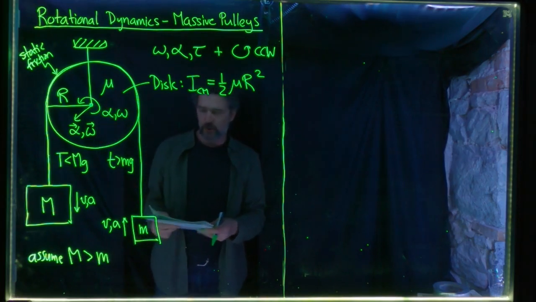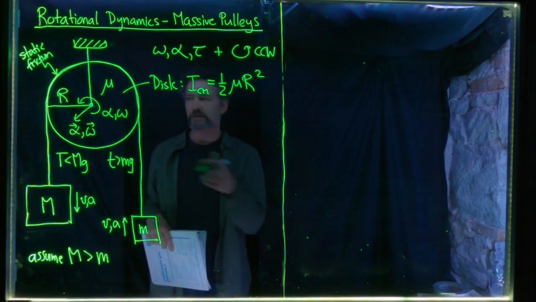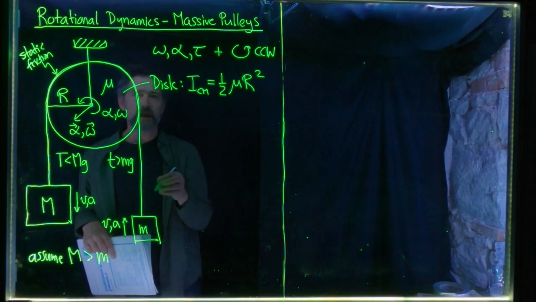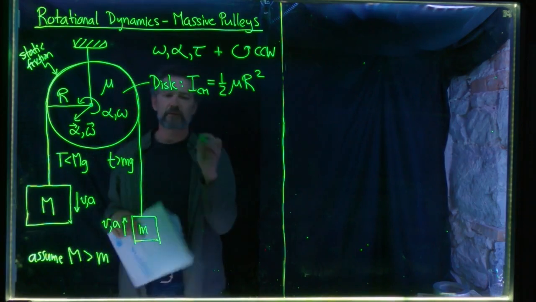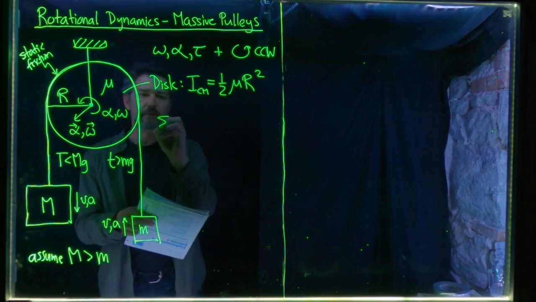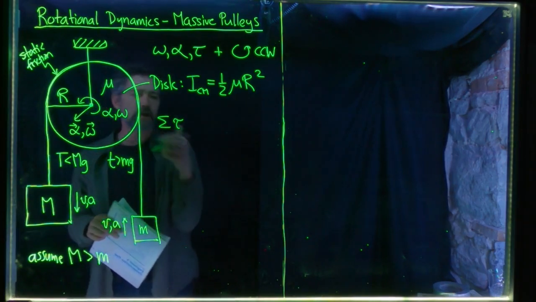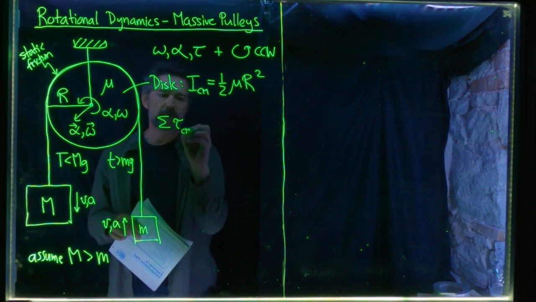Okay, so just as net force is mass times acceleration, net torque is moment of inertia times angular acceleration. So we have the net torque, the sum of the torques exerted about the center of mass of that pulley.